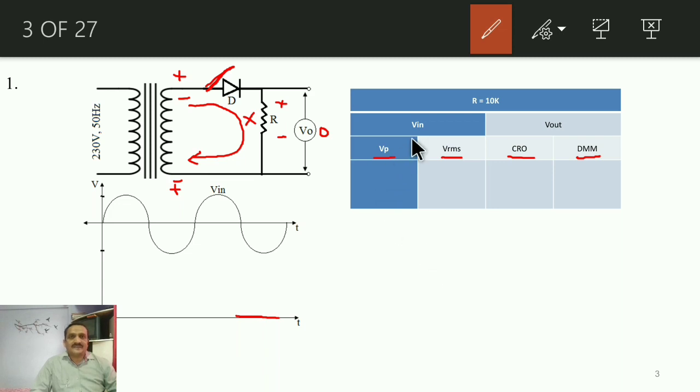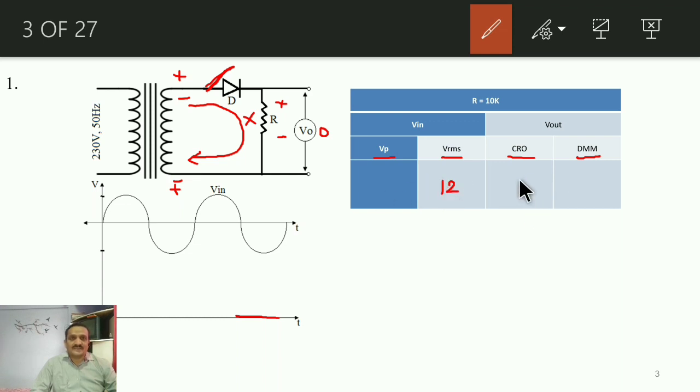So if the RMS voltage is, say, 12 volt over here, you can find the value of peak voltage by using the formula I already told: VRMS equals Vm by root 2. That means 12 into root 2 is nothing but Vp, is it?